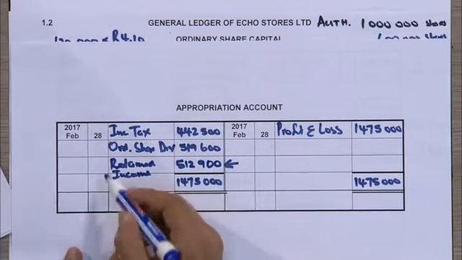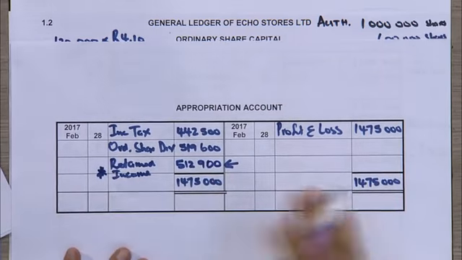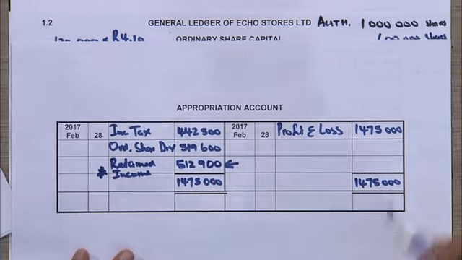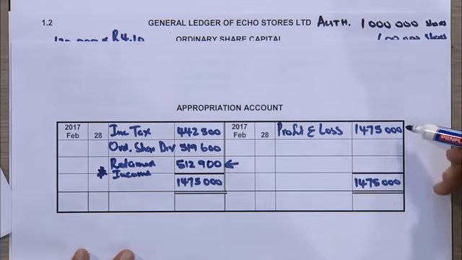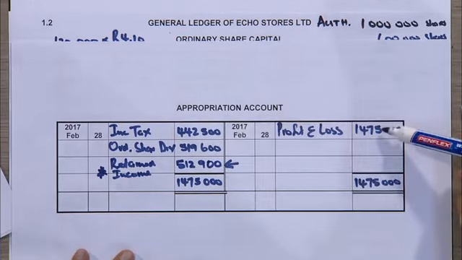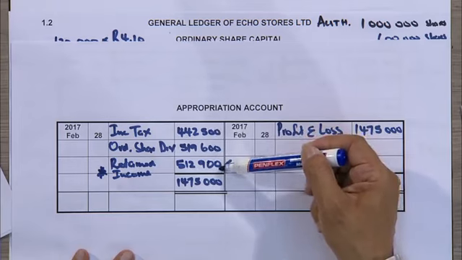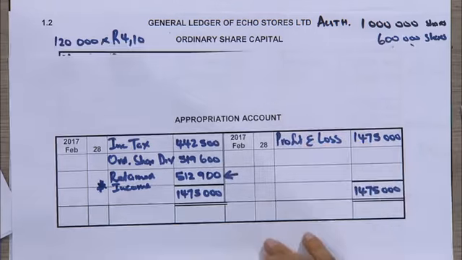Okay, so this part here, we need to take back to the retained income account and then only complete the retained income. So let's just recap on this quickly. It will be the profit and loss figure. Then it's the income tax and the ordinary share dividends. So I take the profit and loss, the net profit, minus the tax and minus the dividends, and we get the retained income.